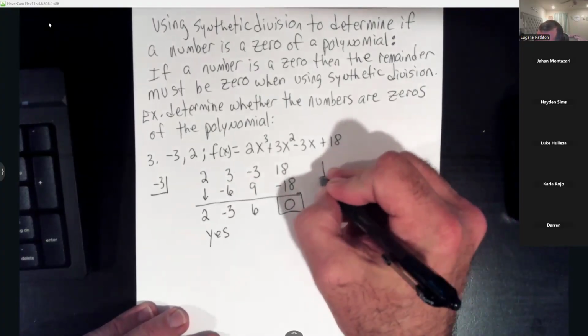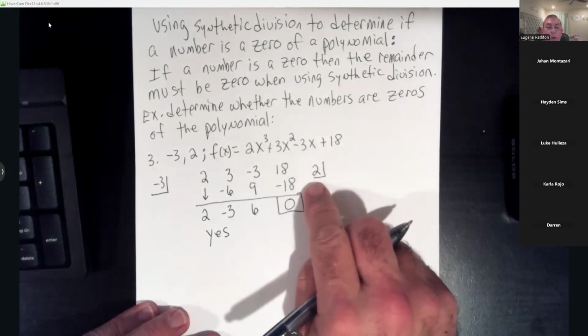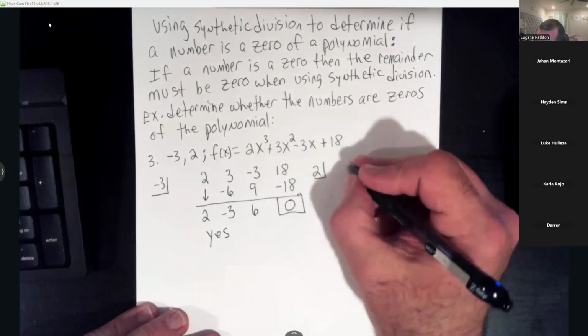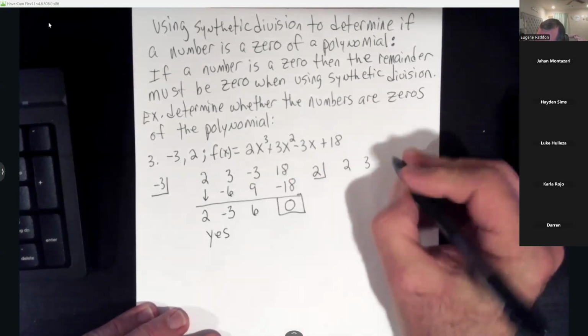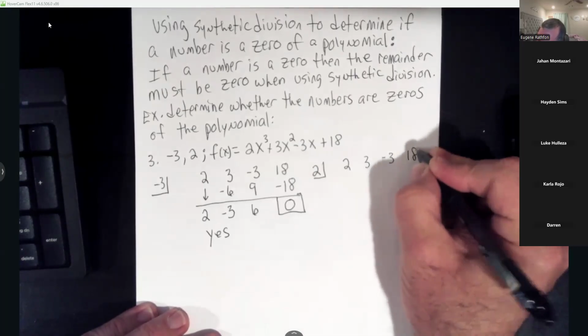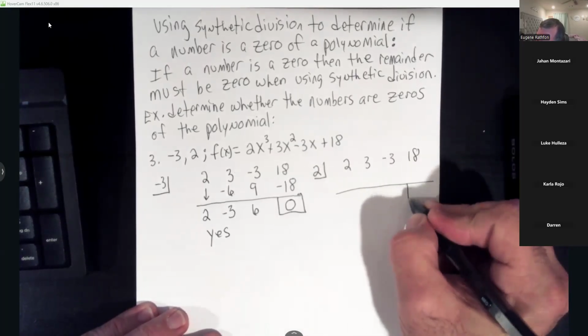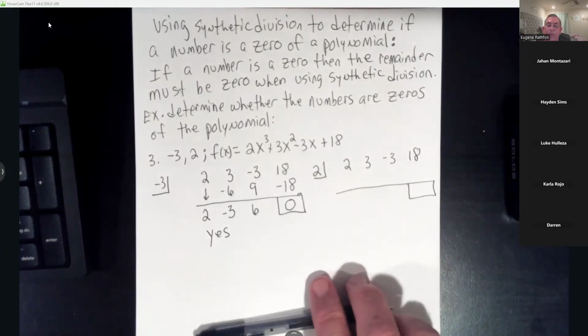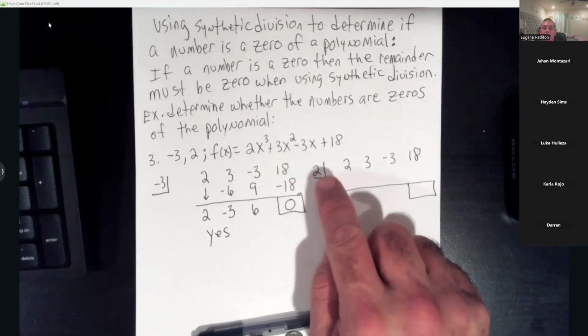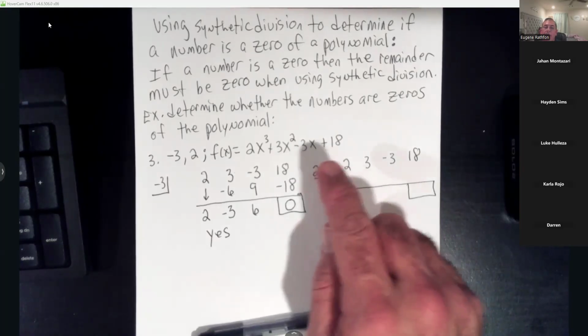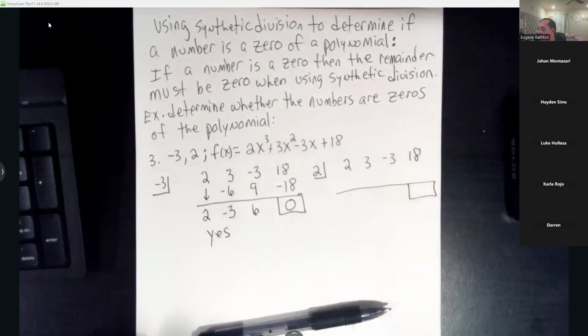So y'all, I want y'all to check whether 2 is a 0. So you got the same coefficients, 2, 3, -3, 18. So y'all, I'm going to give y'all a little time, and I want y'all to tell me whether this +2 is a 0 of that polynomial. And y'all, if you put no, give me your remainder, okay?